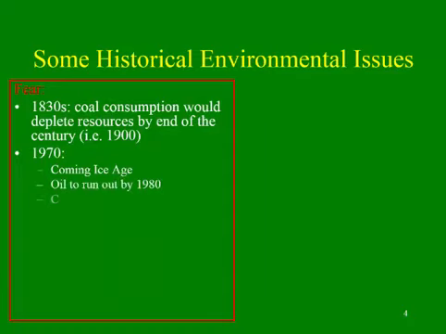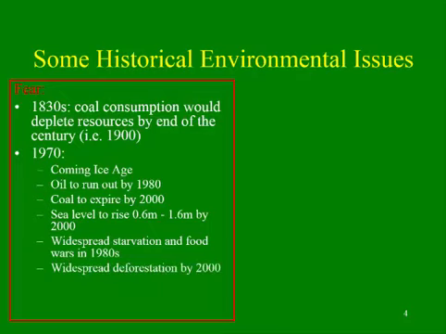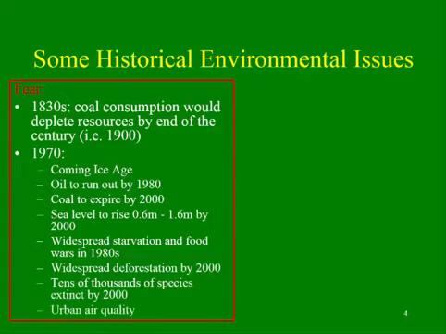In the early 1830s, there was considerable concern, especially coming out of England, about coal consumption, especially British coal consumption, where graphs of increases and patterns in coal consumption extrapolated into the future suggested that British coal consumption alone would deplete the world's resources of coal by the end of the century. And in the 1830s, that meant the year 1900. Clearly, the year 1900 passed with still some coal left in the ground.